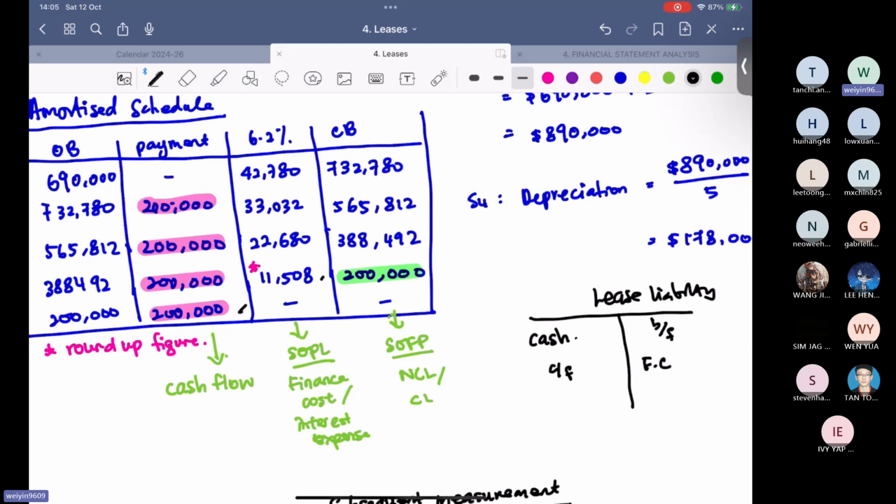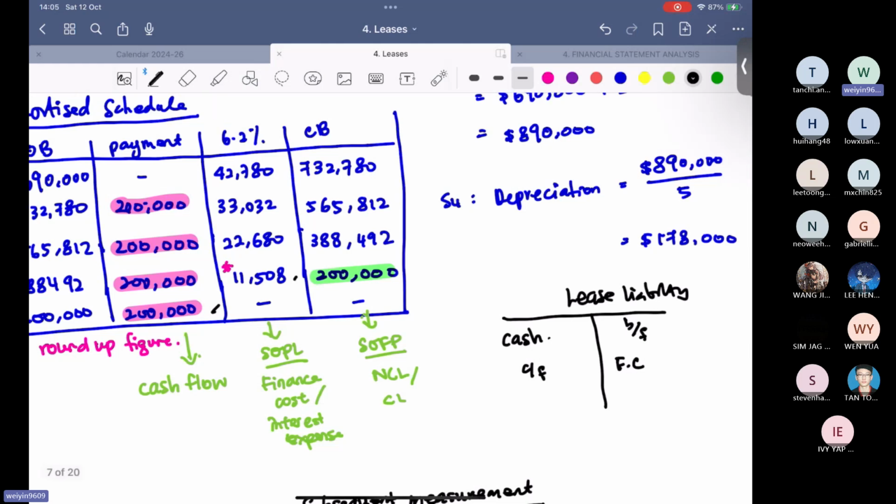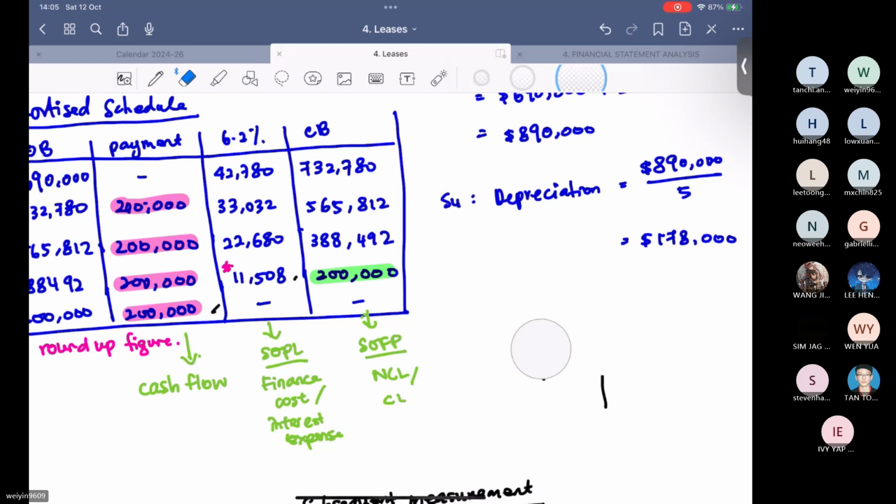According to the standard, you increase by the interest and you reduce by the cash payment. So this table represents the T account.